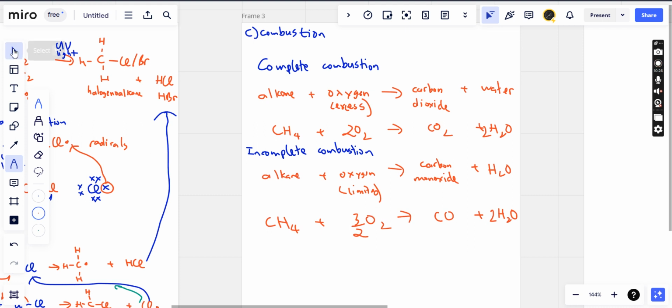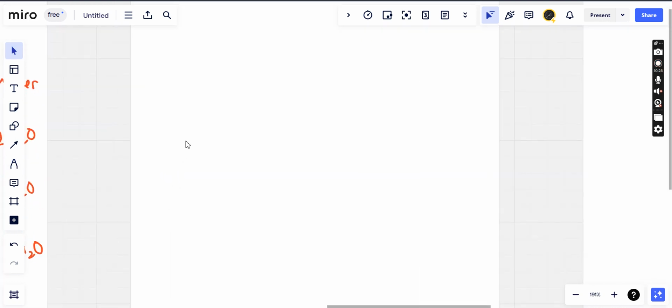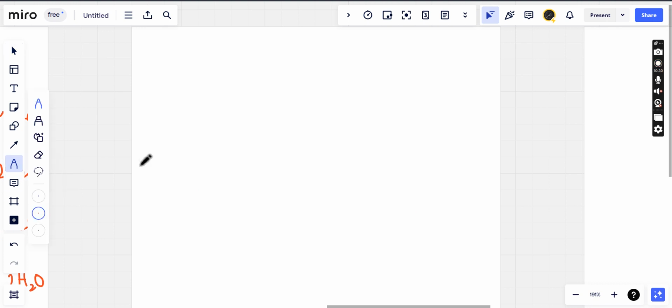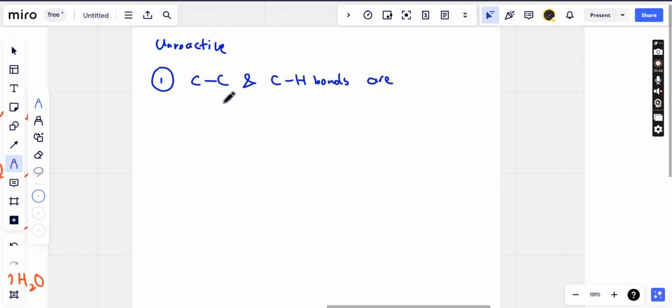Yeah. So for the next one, just to touch on it lightly, for why alkanes are unreactive. The first one is that C-C and C-H bonds are very strong bonds.